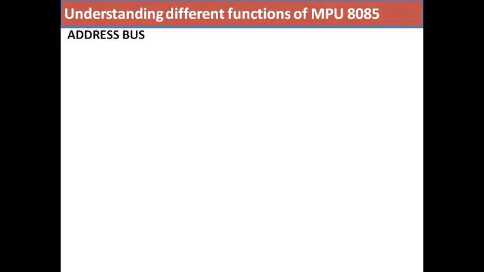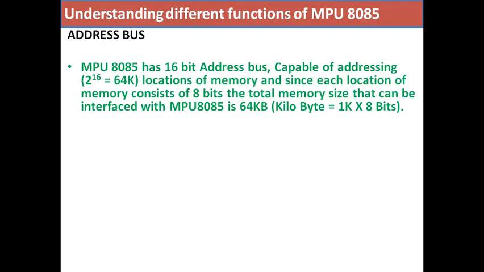Okay, now let's take up the address bus. As we know, the address bus is 16-bit, hence the total capacity of addressing is 2 to the power 16, which is 64 kilo locations of memory.